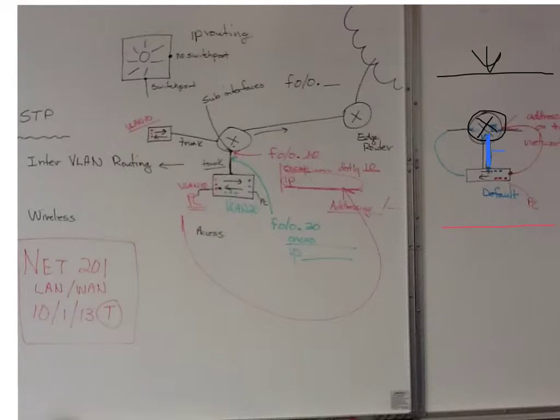This would not be a trunk. It would be from a blue VLAN port to the router port, and that router port then would have to have an IP address on that particular network, whatever VLAN that was. Another example, you could go from a red port to the router, and that would have to have an IP address on that particular network.